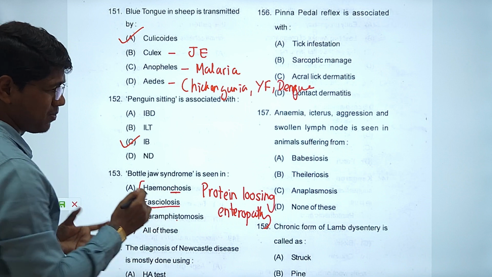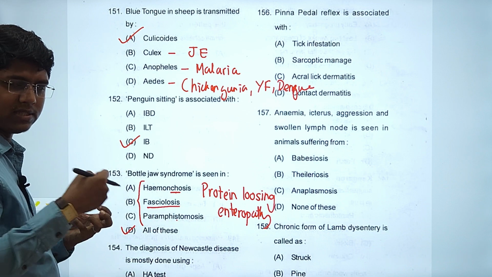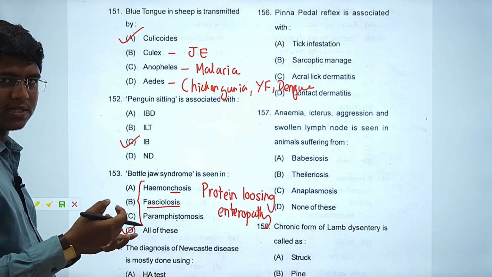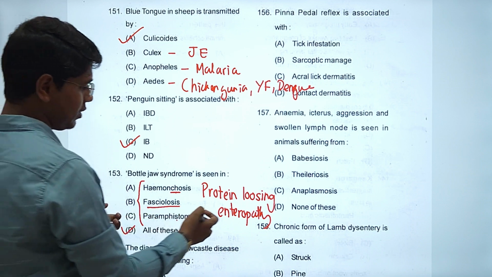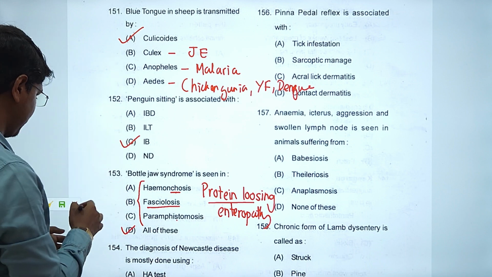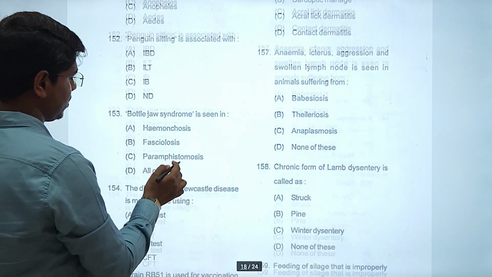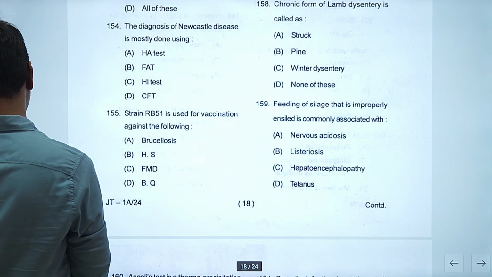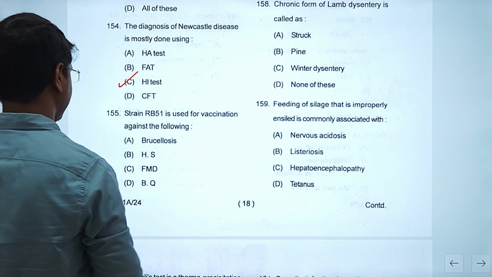They are voracious blood suckers, so through blood they take out the protein. Fasciola is in the liver, so they damage the liver and protein production is low. Due to this protein loss, there will be accumulation of fluid in the submandibular region, known as bottle-jaw syndrome. The diagnosis of Newcastle disease is mostly done by the hemagglutination inhibition test, HI test.